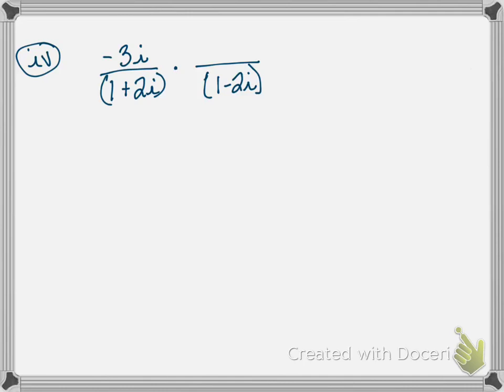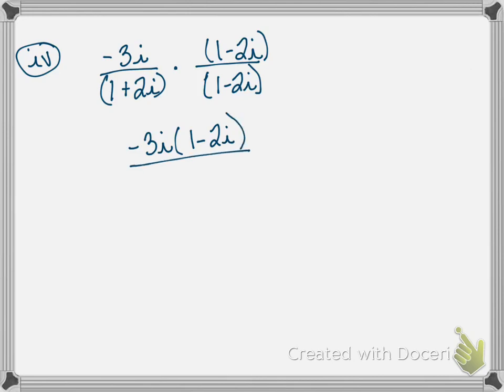Because I multiply the bottom times 1 minus 2i, I also have to multiply the top times 1 minus 2i. So now I have negative 3i, and I'm going to distribute 1 minus 2i.